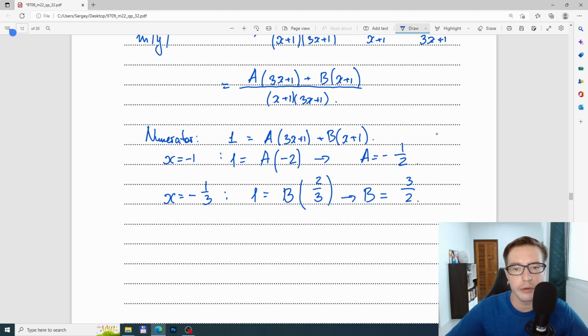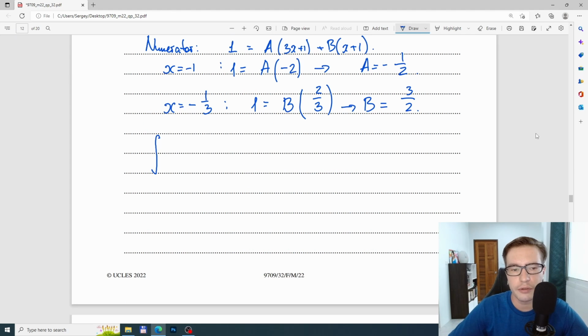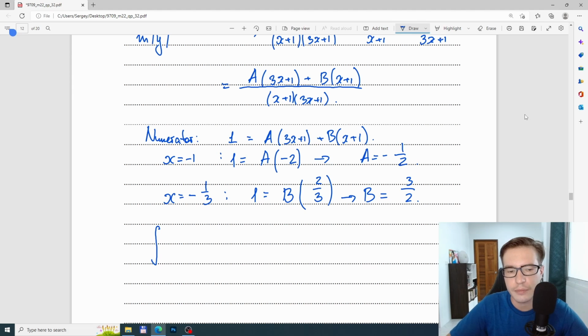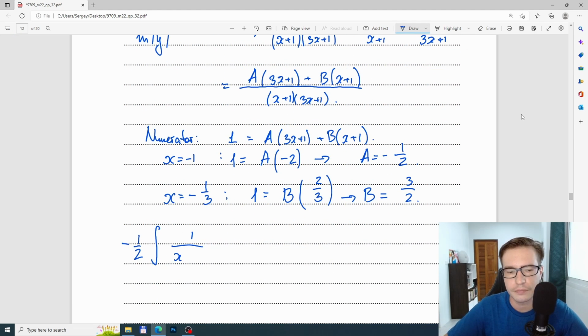And all in all, our integral splits into the integral of minus a half times 1 over x plus 1 dx, plus 3 over 2 times the integral of 1 over 3x plus 1 dx. Okay, now time to integrate.